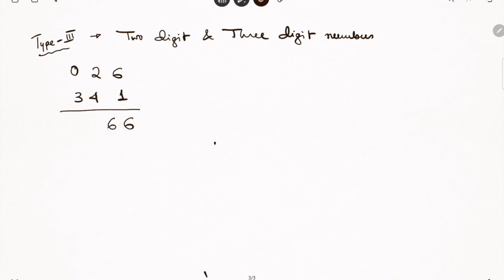Next, we multiply 0 into 1 plus 3 into 6 plus 2 into 4. So we are getting 0 plus 18 plus 8. That again comes to 26. Carry 2 is 28. So next we do 4 into 0 plus 3 into 2, 6 plus 2 is 8. So we are getting 8866.